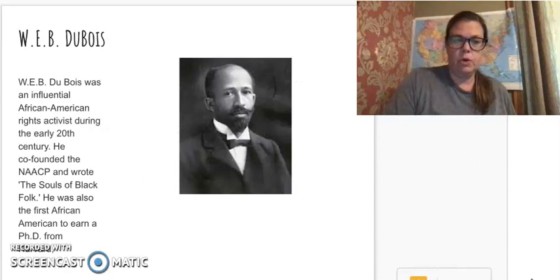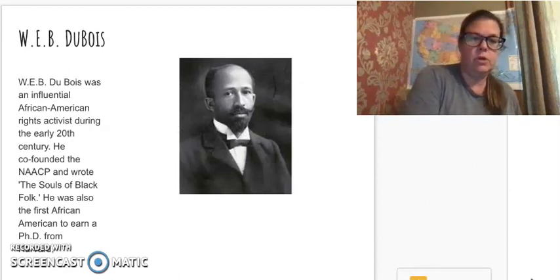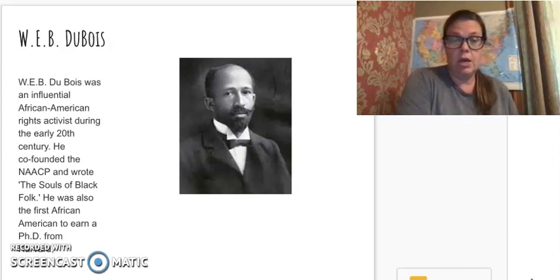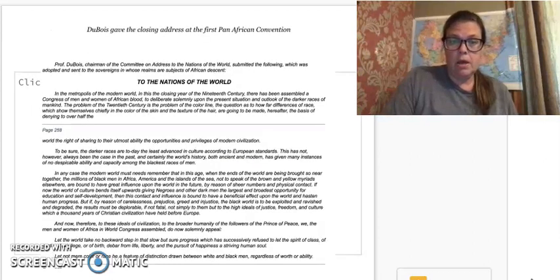And Du Bois, if you don't know, was an influential African-American rights activist in the early 20th century. He co-founded the NAACP and wrote The Souls of Black Folk. He was also the first African-American to earn a PhD from Harvard, and he's a very important activist, and we'll be looking more closely at him.